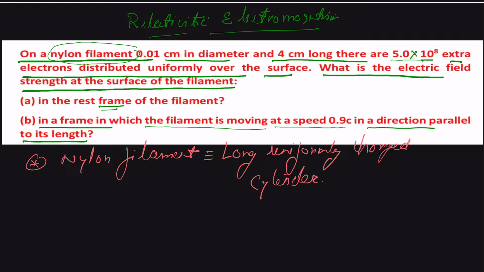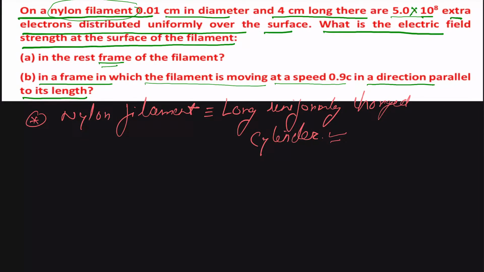And so first of all, we are going to find out the total charge inside this uniform cylinder. Therefore, we can say that the total charge, which is suppose Q, will be equal to the number of electrons multiplied by the charge on one electron.